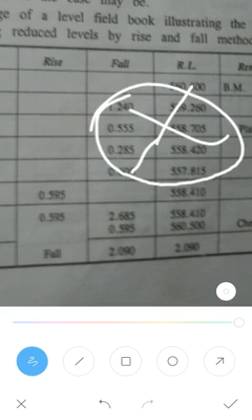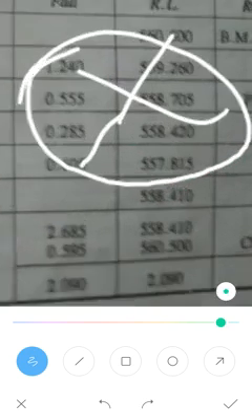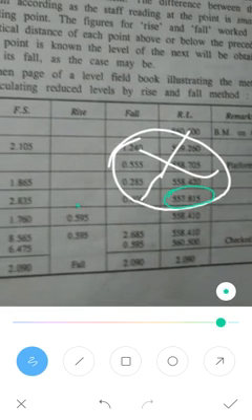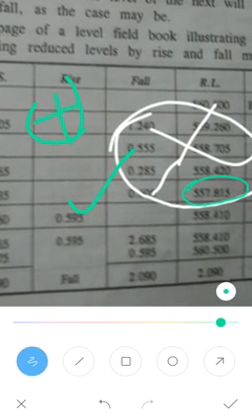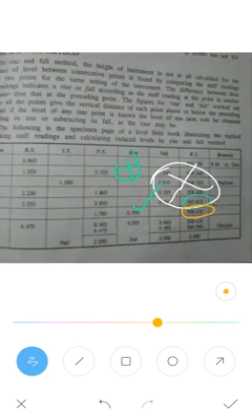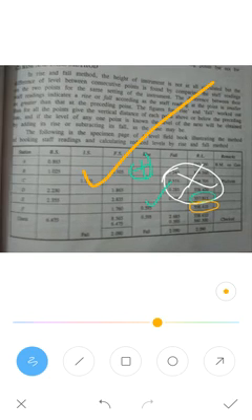After getting 557.815, the next value is rise. Rise means positive addition. So 557.815 plus 0.595, if you add it, you will get 558.410. So this ends finding the RL of each station. This job is finished.